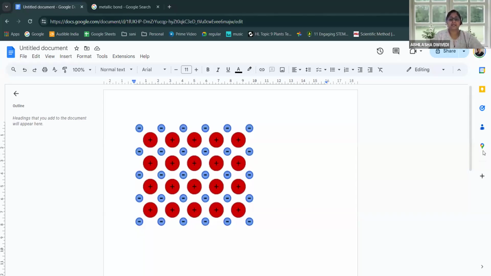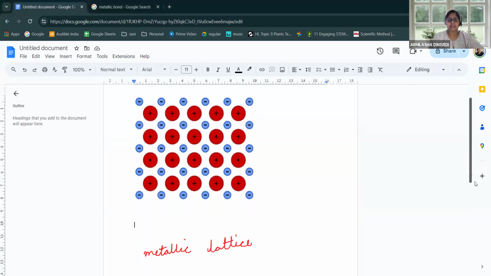So here we go. What you see is a structure of metallic lattice. Now, what is a lattice? Lattice is a regular structure, any kind of organization.